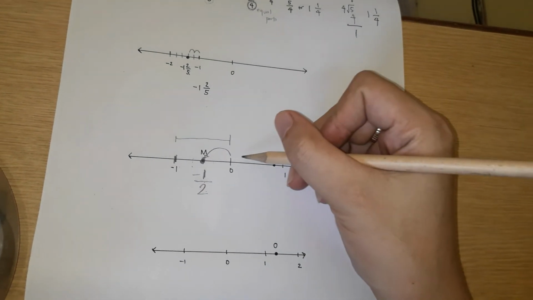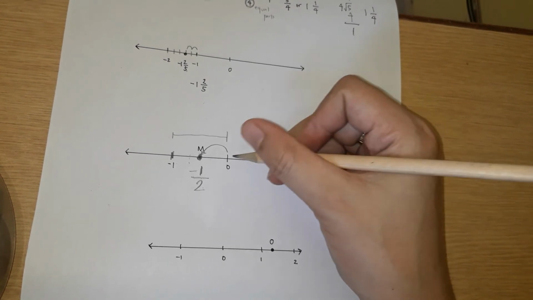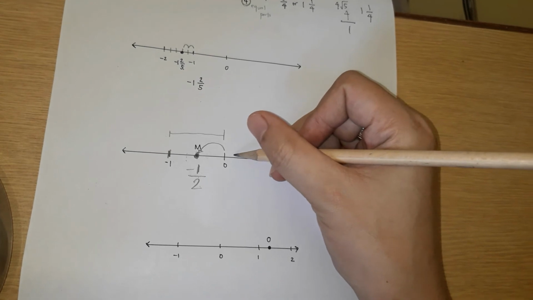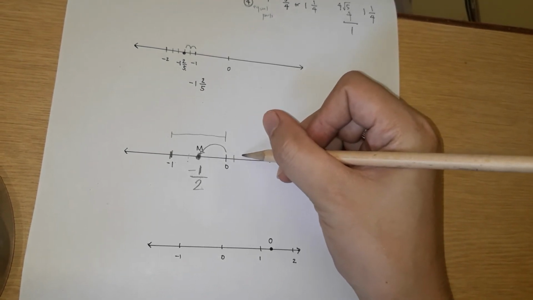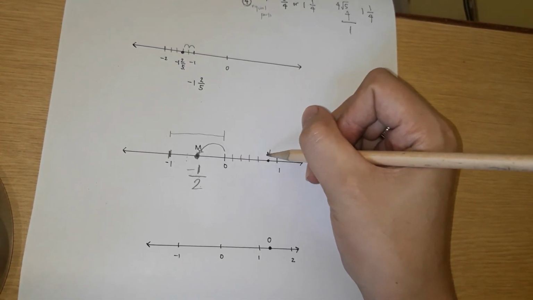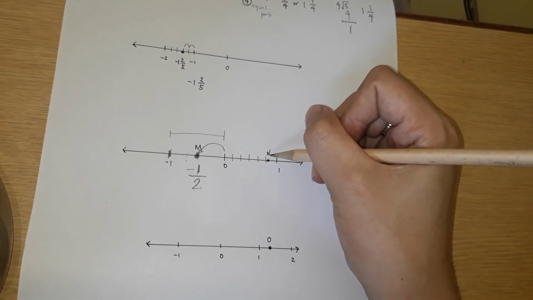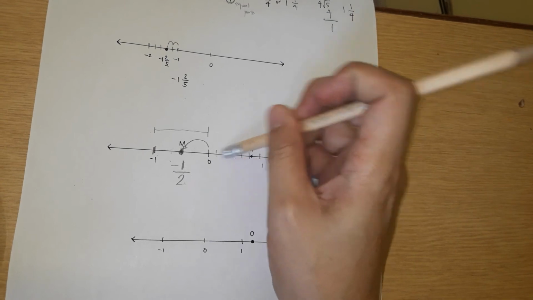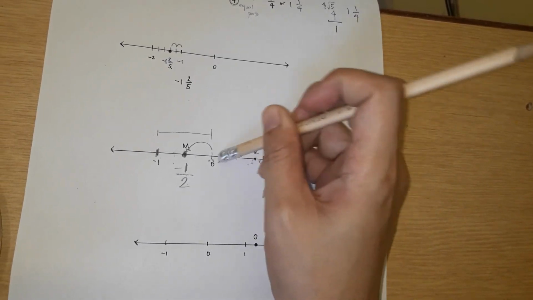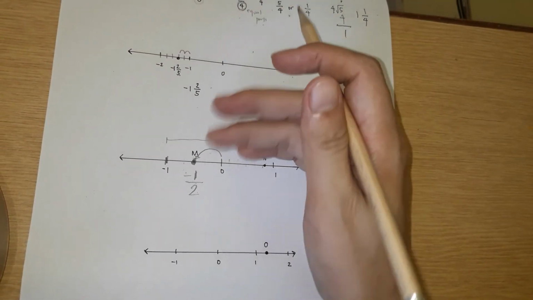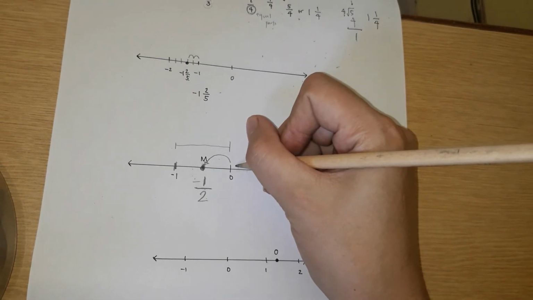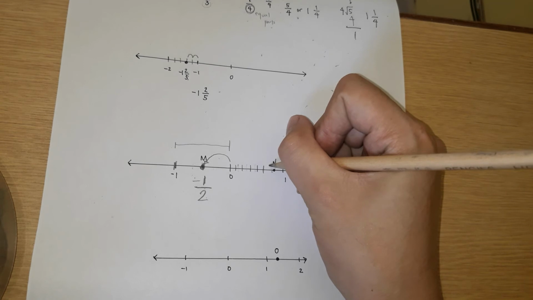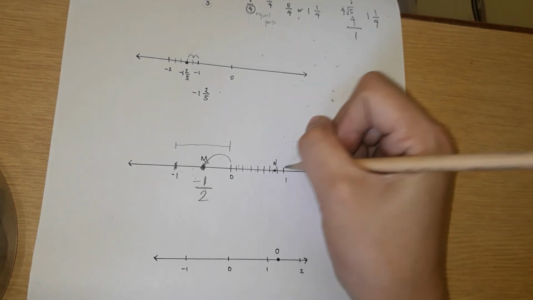Next, letter n. Again, you're going to divide this into equal parts. You try by 6. 1, 2, 3, 4, 5, 6. Probably it's not 6. So let's have 7. 1, 2, 3, 4, 5, 6, 7, 8. That's 8.